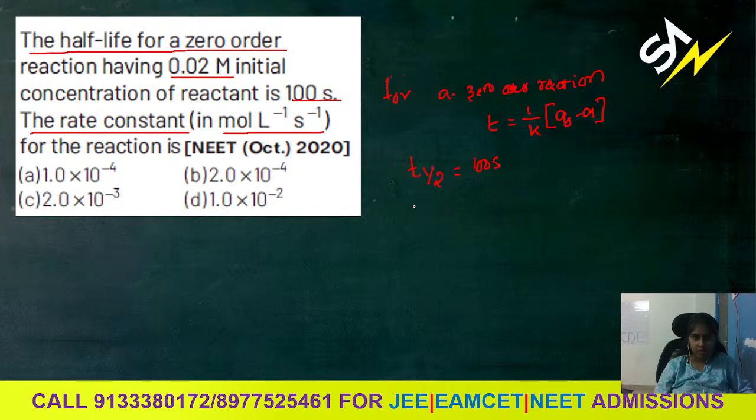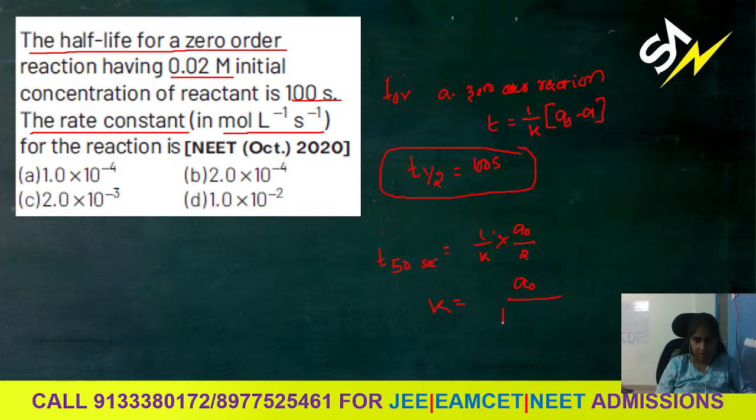T half is given as 100 seconds here. If we take T as 50 seconds, half of its time, it becomes 1 by K of A naught by T by 2. That becomes A naught, K is equal to A naught by T half into 2.